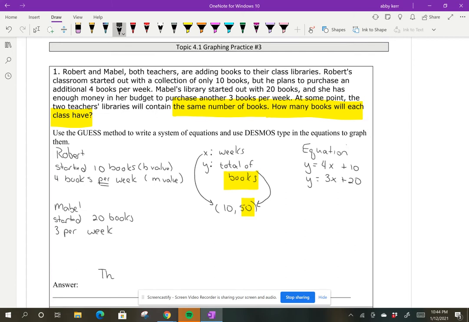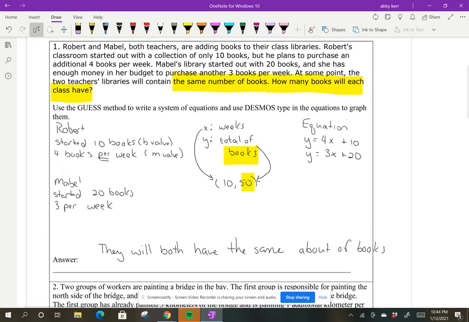So they will both have the same amount of books, which is 50, after 10 weeks.